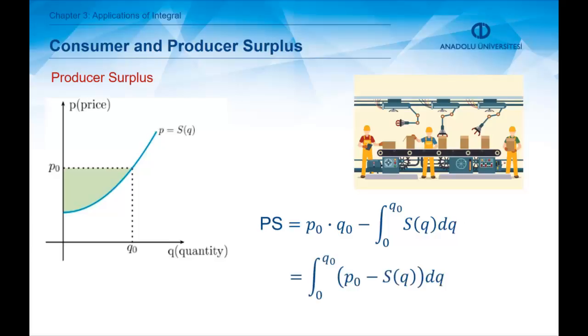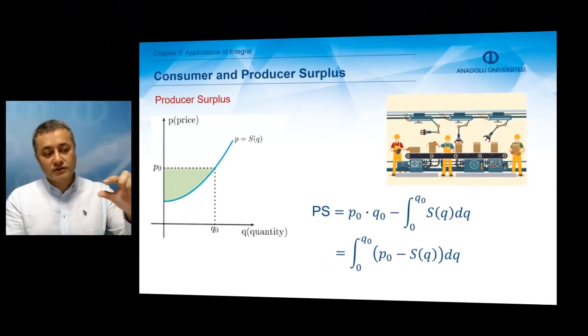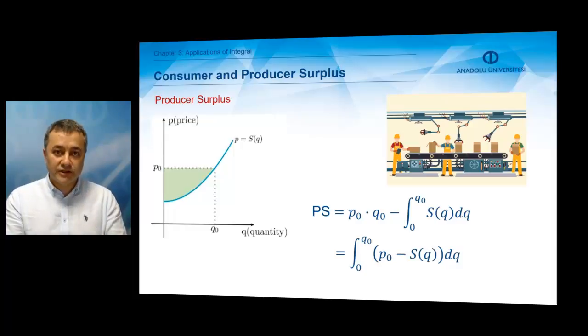Well, it's not actually the integral, I'm sorry. It's the area under the graph of the supply function subtracted from this rectangle P naught times Q naught, and this small shaded green area corresponds to the producer surplus.